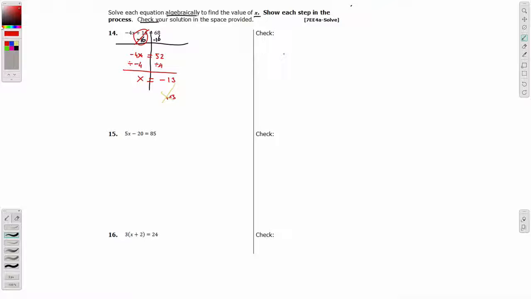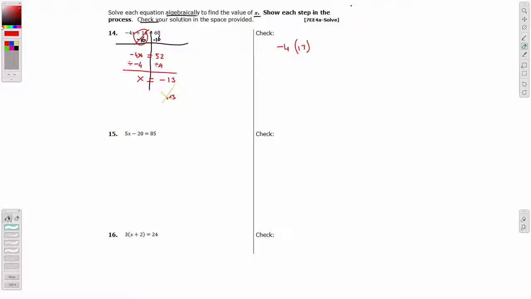I'm going to check the work right here. So if I think that x is 13, I would get negative 4 times 13 equals 68. It should equal 68. Oops, forgot to add the 16.